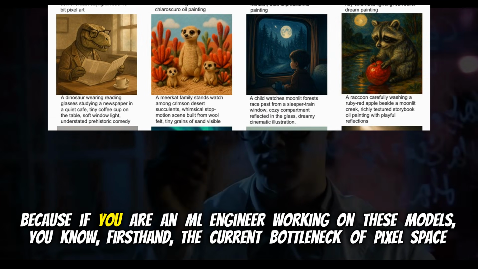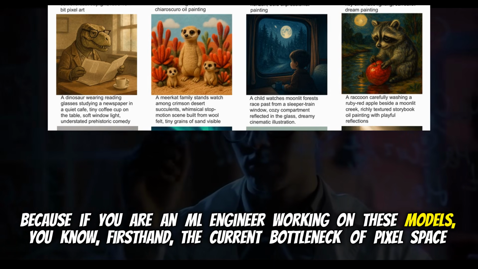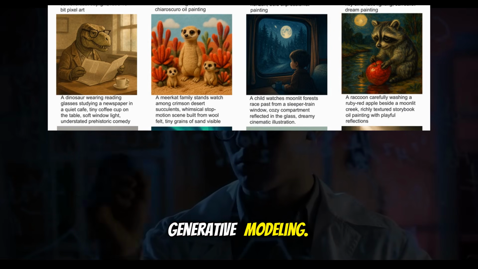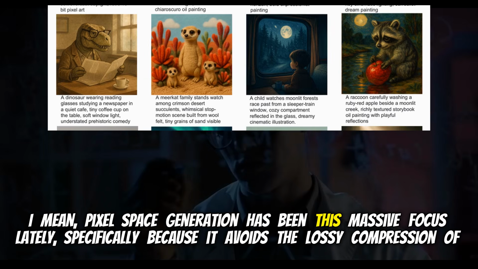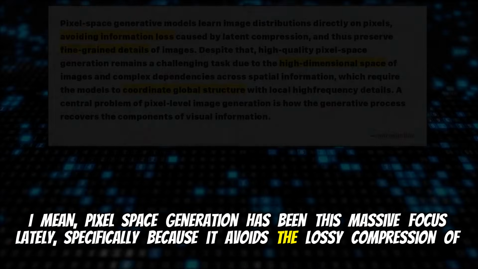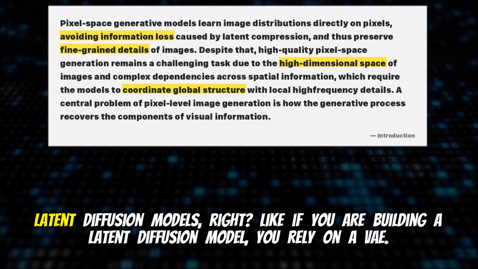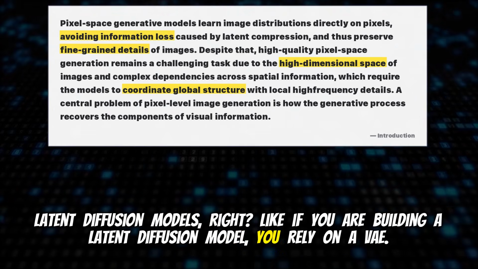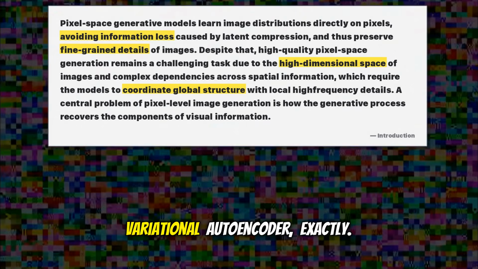Right, because if you are an ML engineer working on these models, you know firsthand the current bottleneck of pixel space generative modeling. Pixel space generation has been a massive focus lately, specifically because it avoids the lossy latent compression of latent diffusion models, right? If you are building a latent diffusion model, you rely on a VAE. Variational autoencoder, exactly.